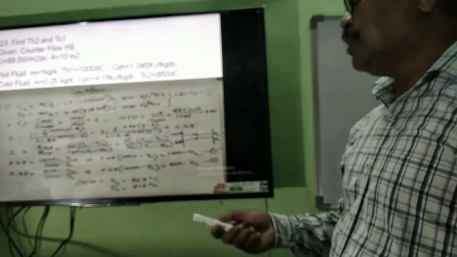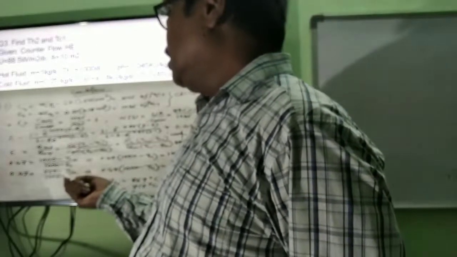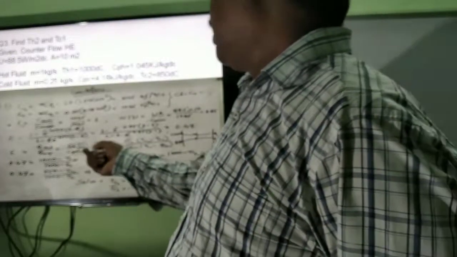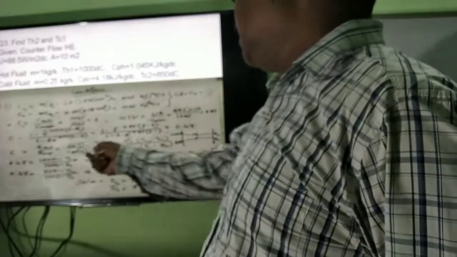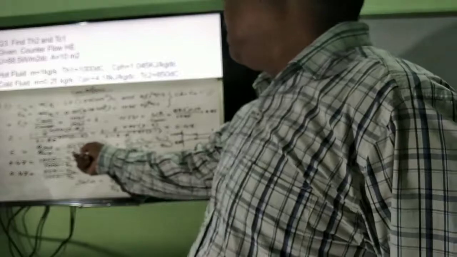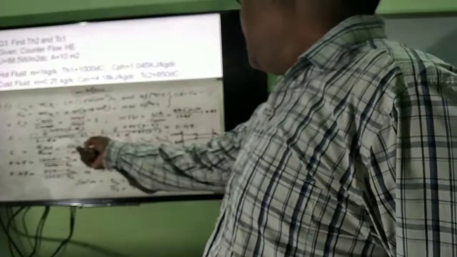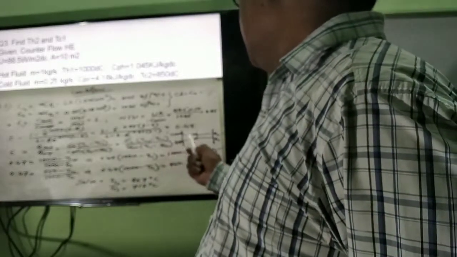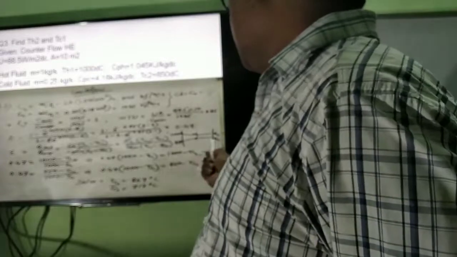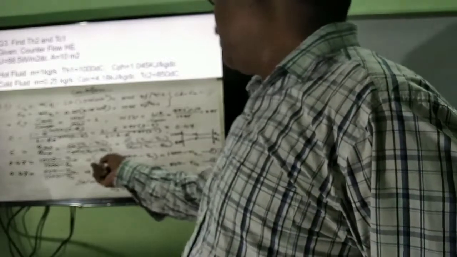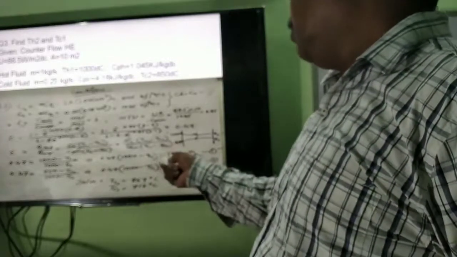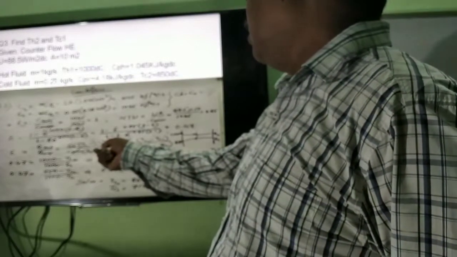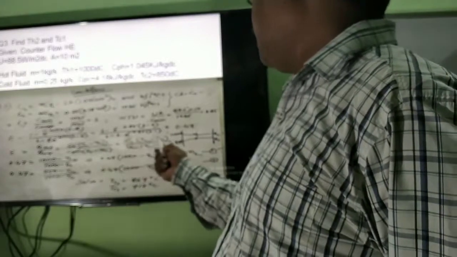Another formula is there: actual heat divided by maximum heat. So what is the actual heat? This minus this into heat capacity, temperature difference into heat capacity, and hot temperature minus cold temperature in, that will be the maximum. So make the ratio, one for the hot fluid, one for the cold fluid.